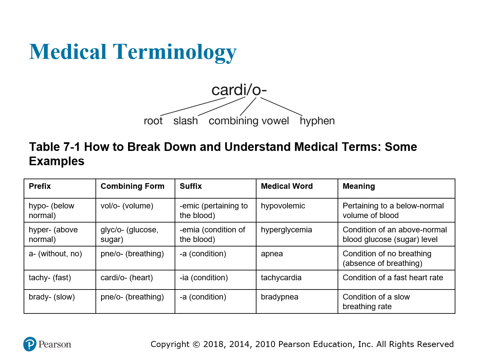When I have an a or ia at the end of my medical term, that is going to be referring to a condition. So hypovolemia, condition of the blood, low blood volume.